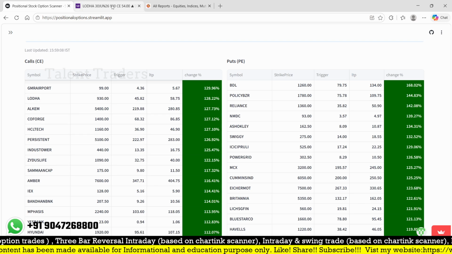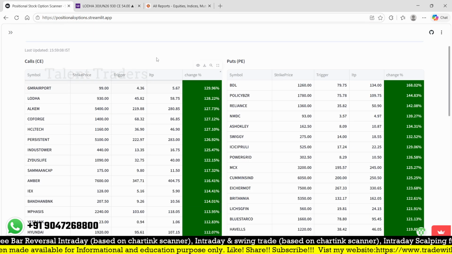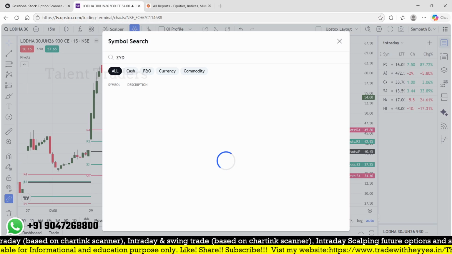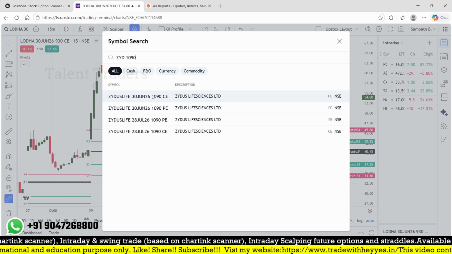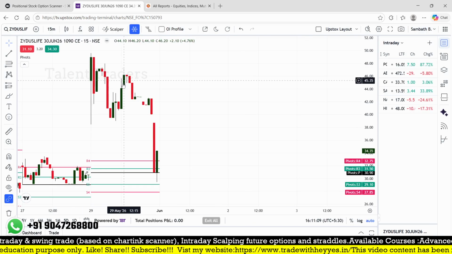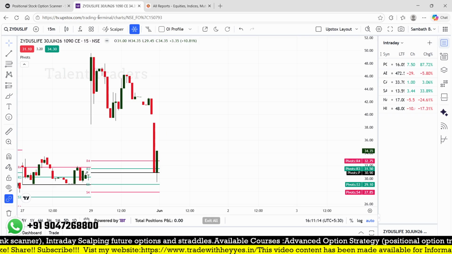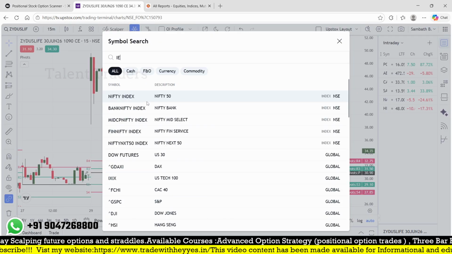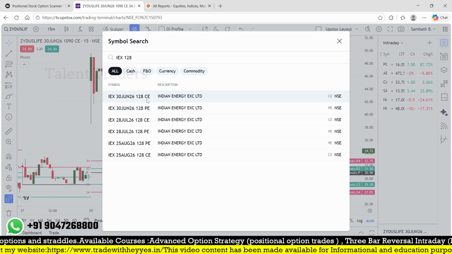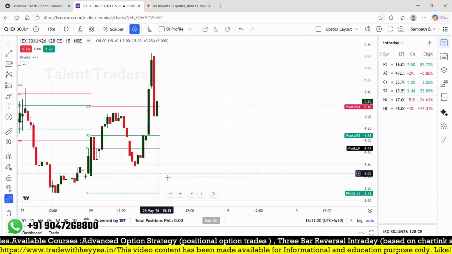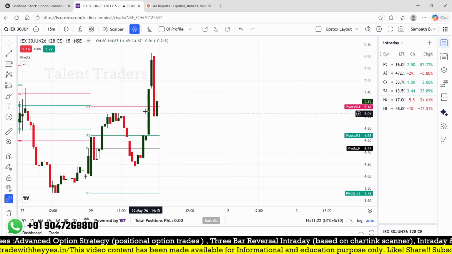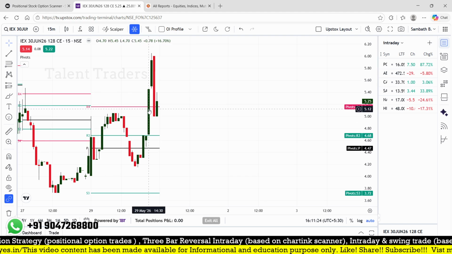So Zydus Life 1090. Let me check. This is also gap higher. EX 128. Initially the market was slightly positive, after that it reversed back. So this is a valid breakout, but this breakout is happening at near about 2:30.